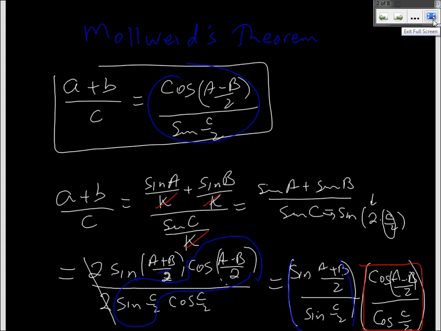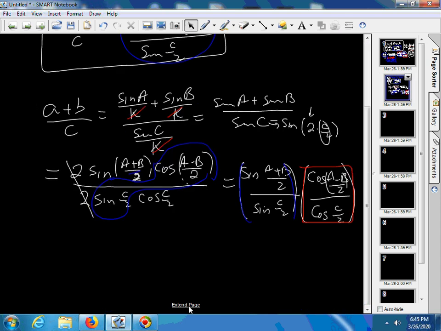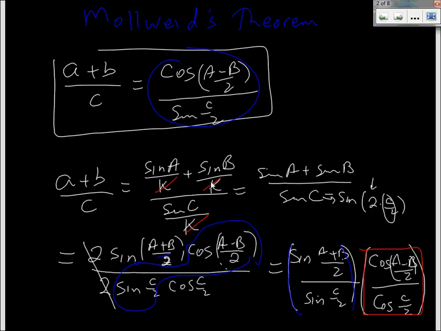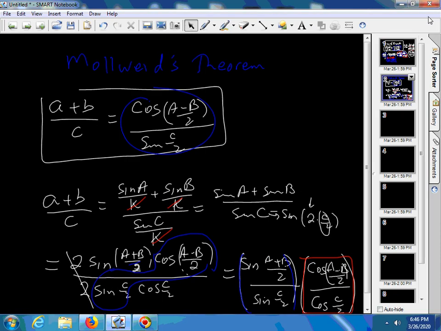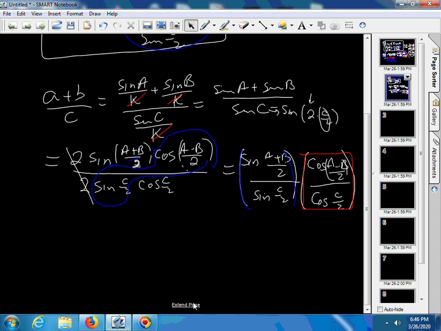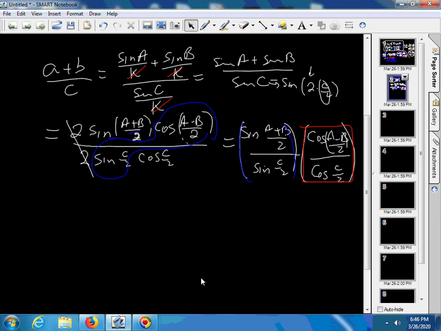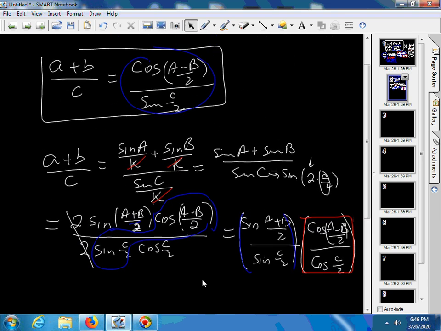Because then I can cross it out. Multiplying by 1 doesn't do very much, does it? Okay. So here's how we're going to continue.